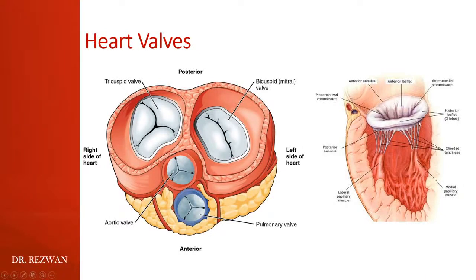In every cusp there is a prominent margin which is called the fibrous band, and this fibrous band is having some filamentous structure that is called the chorda tendineae, which is the fibrous filaments. This chorda tendineae is attached with the papillary muscles. So when the papillary muscle contracts, it will do the tractional force about the chorda tendineae and the valve will be open. This fibrous band is called the annulus.